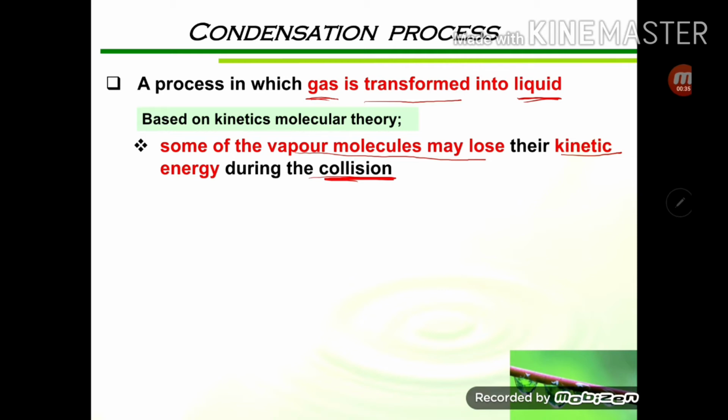As we know, in the gas phase, the molecules are far apart and in random motion, and these molecules collide with each other, collide with the wall of container or the surface of the liquid.